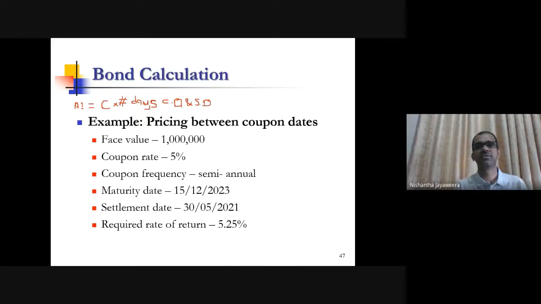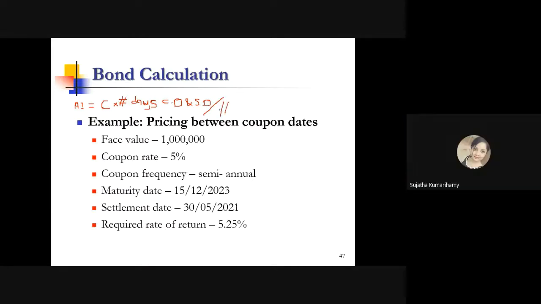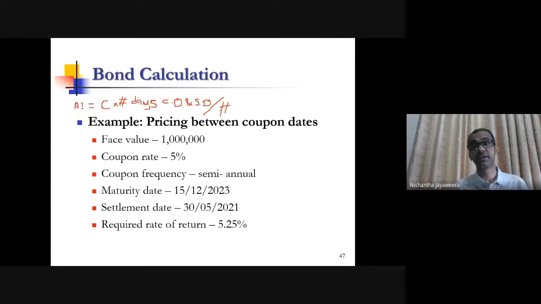Number of days between coupon date and settlement date, divided by what? Maturity date. Number of days in current coupon period.